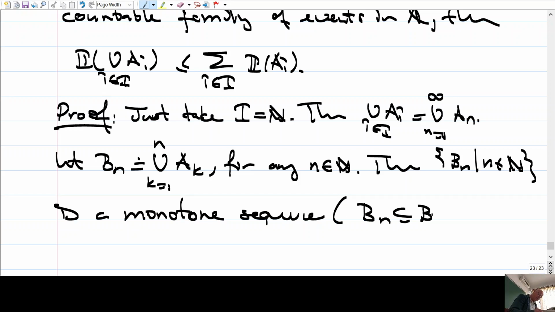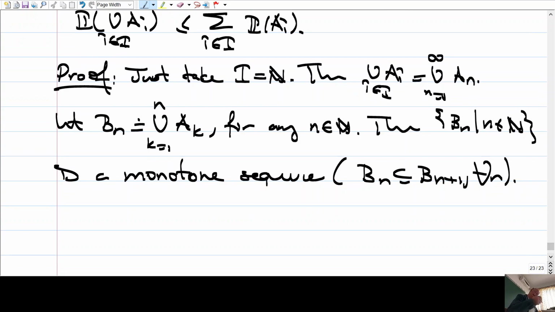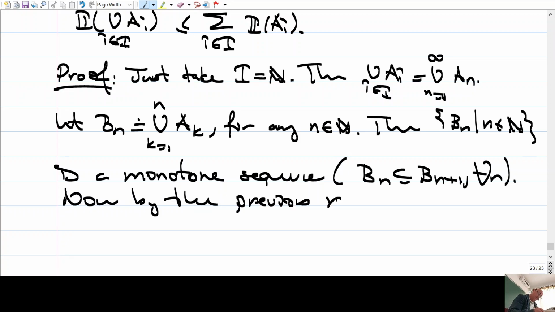Bn is contained in Bn plus 1 for all n. And by the previous result.